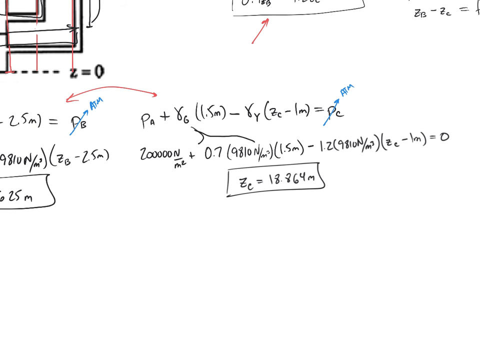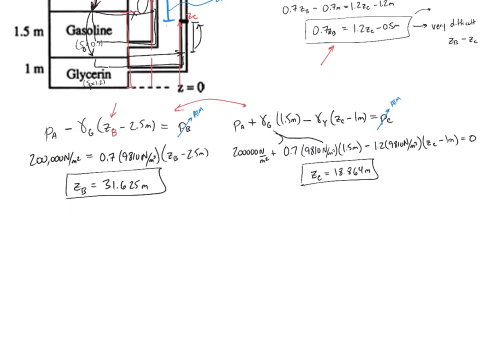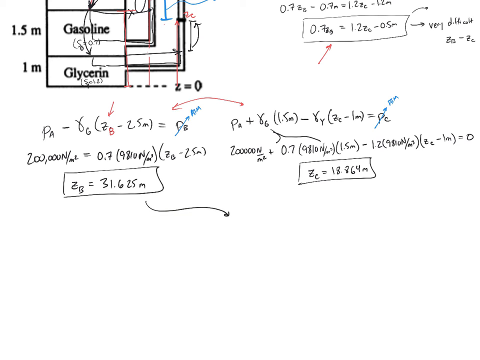If we combine these two, basically we subtract one from the other, we can get ZB minus ZC, and we get 12.761 meters, or, since I prefer 3 sig figs, 12.8 meters.